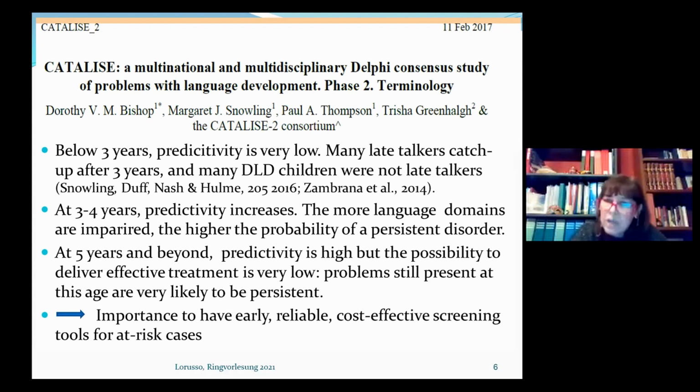So they must be early in order to be able to intervene. They must be reliable, so as stable and as predictive as possible. And they must be cost-effective, meaning that you know that many of the children you will identify through the screening procedures or through early diagnostic approaches will probably be false positives, so children who are not really developmental language disordered children, but you can afford it.